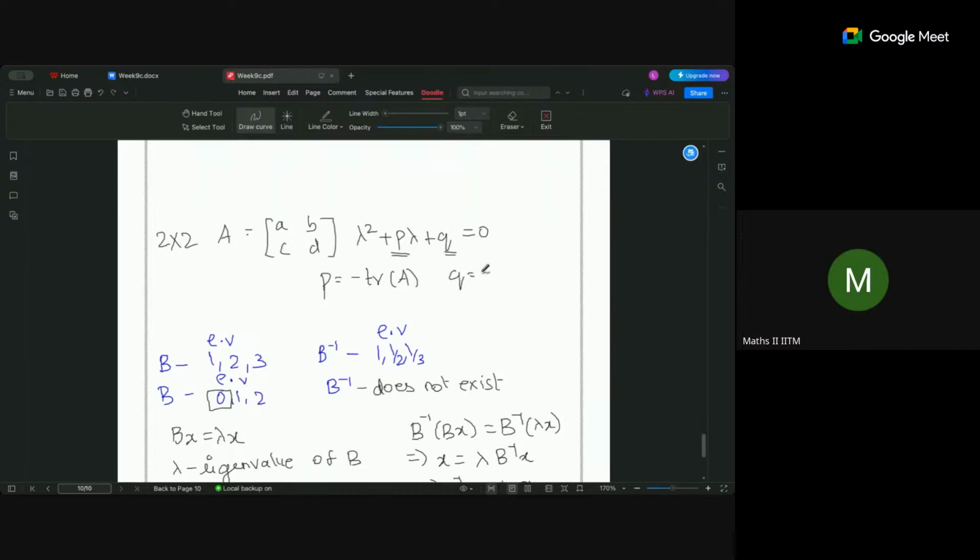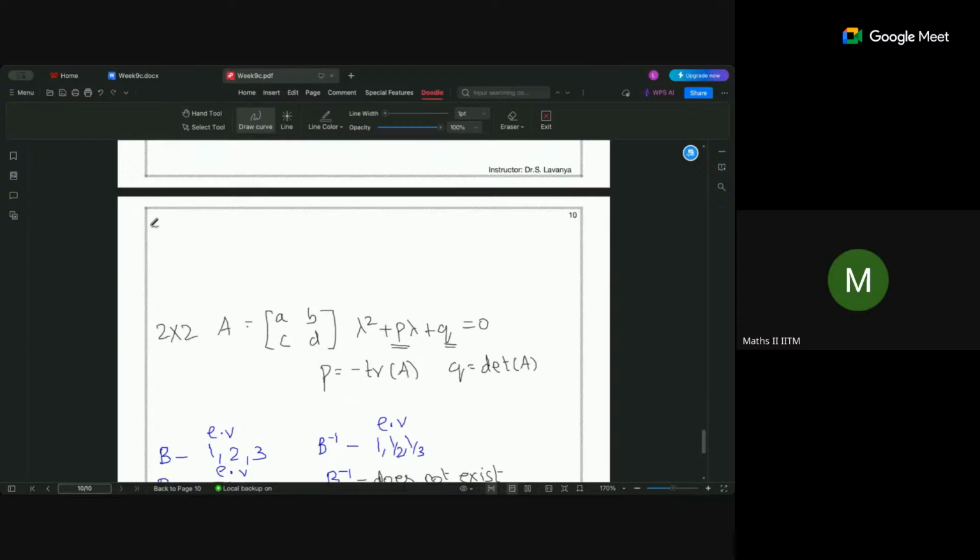Yeah, the multiplication of non-diagonal elements, B, C. See, Q is the determinant of A. Okay, so this is how you can verify whether the characteristic polynomial you have computed is correct or not. So this is for 2 by 2.